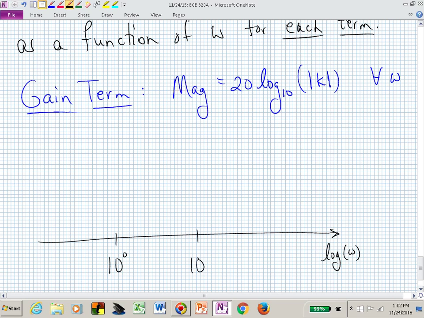Then an equal spacing from that would be 10 to the 1, 10 to the 2. I'm assuming everyone, in addition to your 64 color box of crayons and your ruler and your dividers, your protractor, also purchased some semi-log graph paper. 5 cycle just means that you have 5 of these decades represented on that piece of paper.